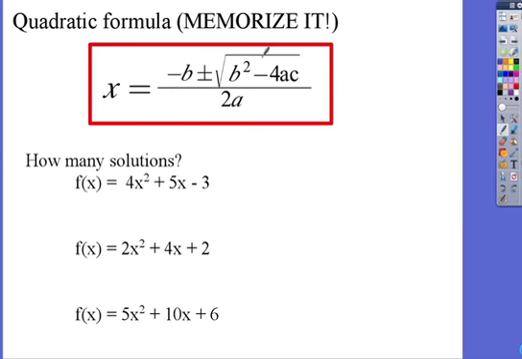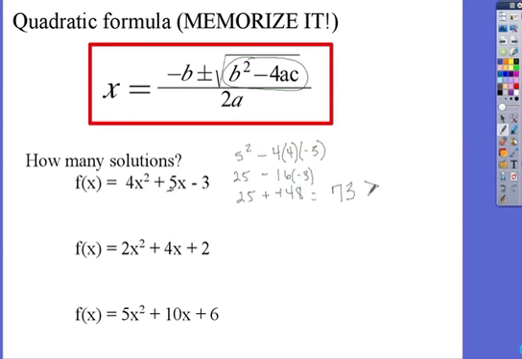So let's use the discriminant to determine how many solutions each one of these quadratics have. So all we're looking at is b squared minus 4ac. b here is 5, so I have 5 squared minus 4 times a, which is 4, times c, which is negative 3. 5 squared is 25. 4 times 4 is 16 times negative 3. 25 minus 16 times negative 3 is negative 48, so 25 plus 48, I get positive 73.